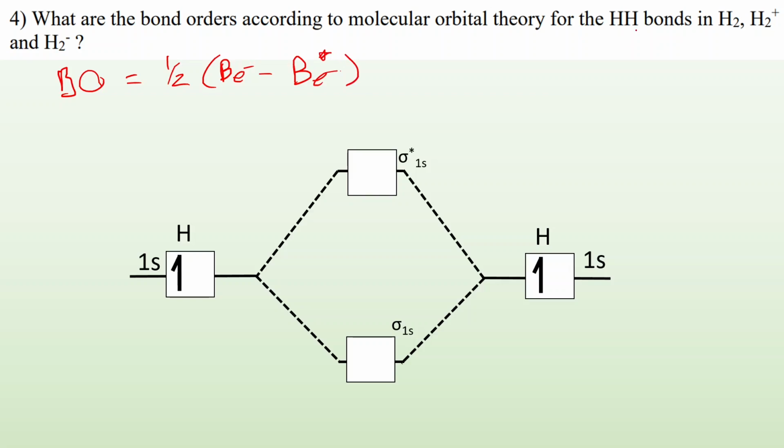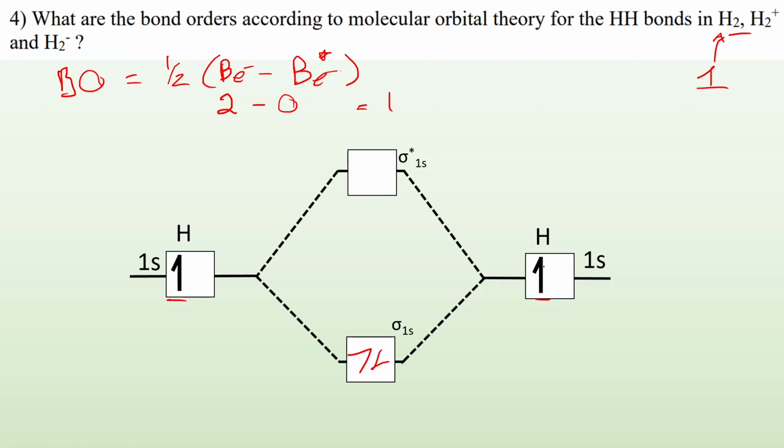So if we have H2, again, we just have 2 valence electrons total. So when we put them into our molecular orbitals, they both go there. Spin up, spin down. Bond order for H2 is, let's see, 1/2 of 2 bonding electrons minus no anti-bonding electrons gives us 1. So H2, the bond order is 1.